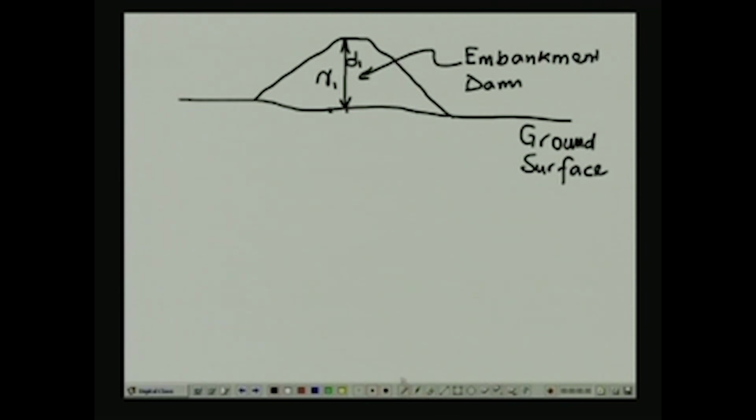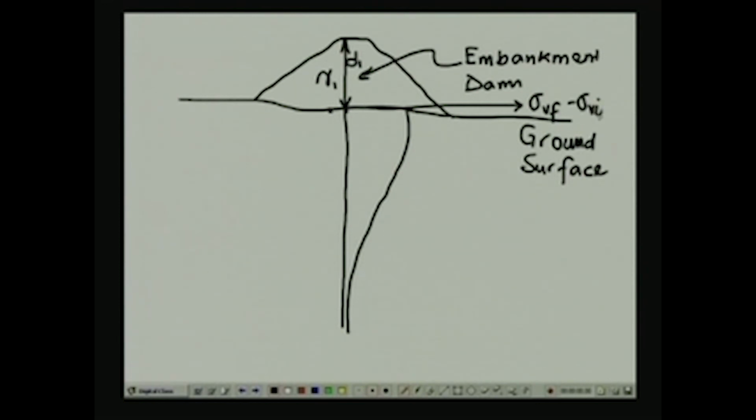So, what you have is delta sigma Vf, if we plot sigma Vf minus sigma Vi. So, this value is sigma Vf minus sigma Vi at a given depth. This decreases gradually with depth typically.